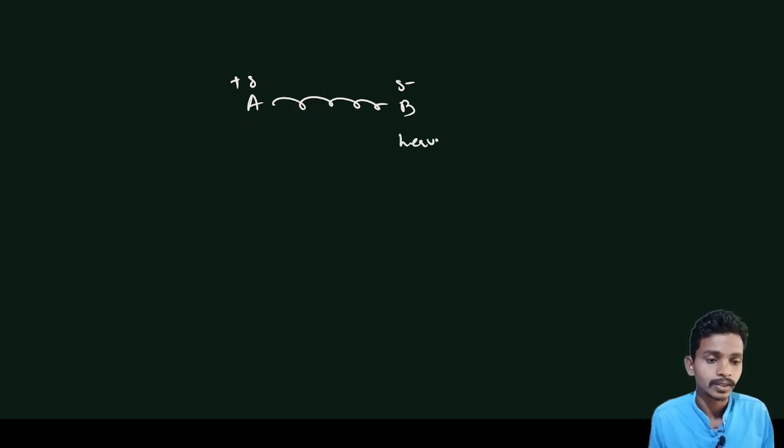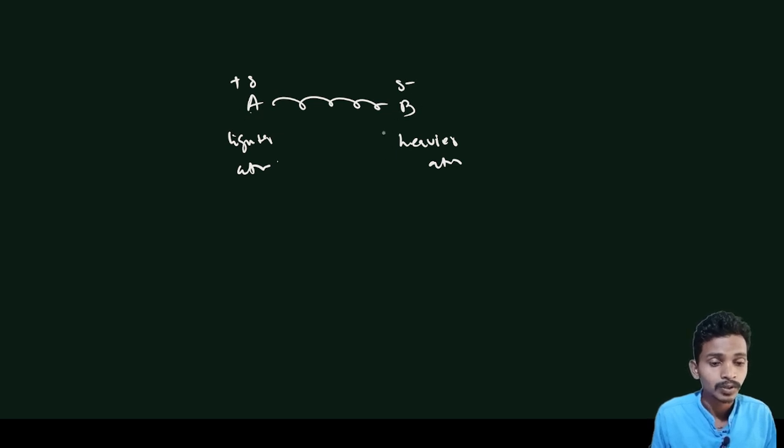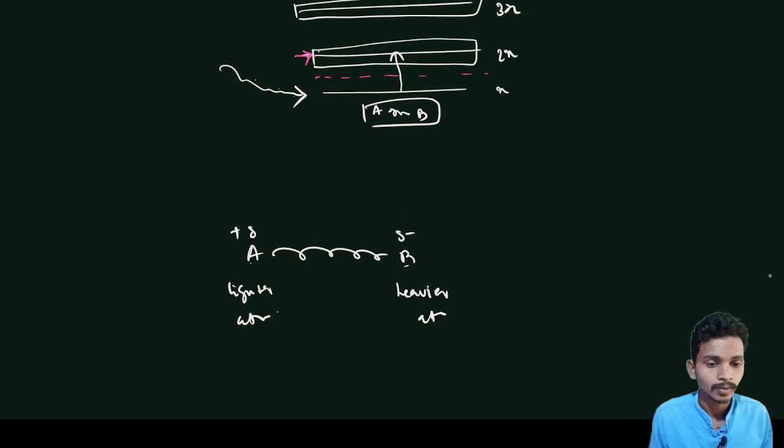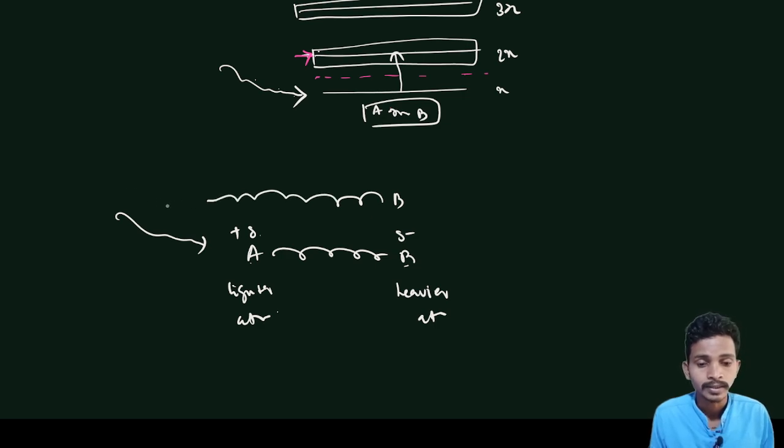Let's say this is the heavier atom, or whichever one is heavier, and this is the lighter atom. Then the lighter atom will vibrate, changing its relative position, while the heavier atom remains in its position. So the lighter atom will change its relative position and remain in its place, going like this.